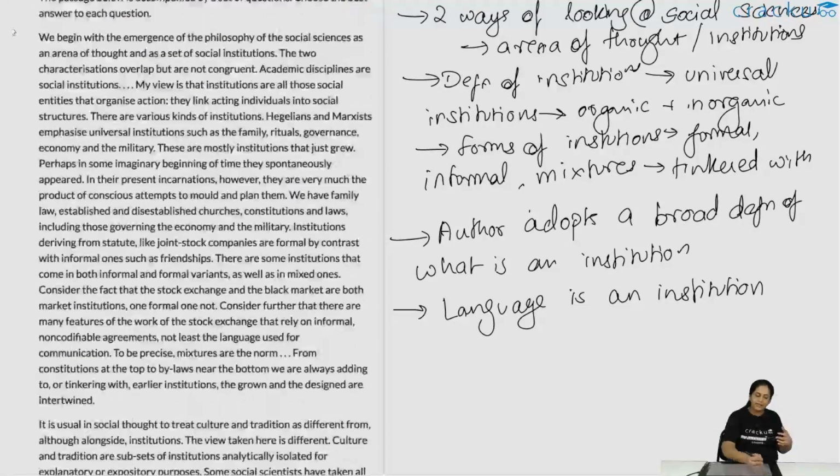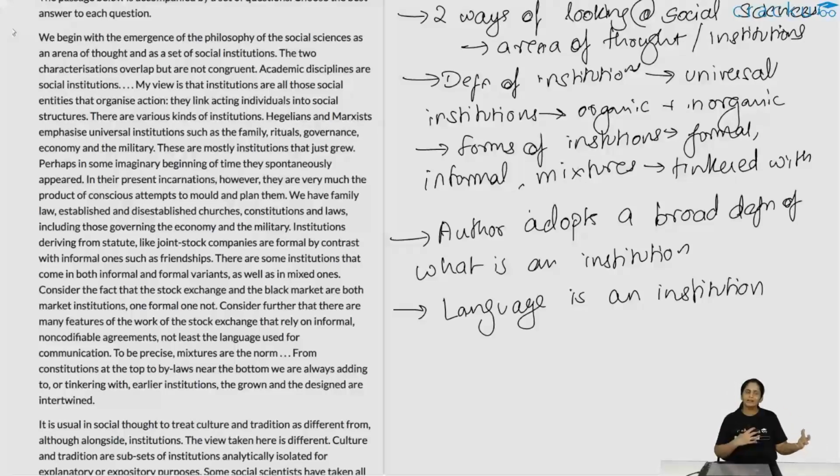So he begins by saying that in social sciences we try to separate out, okay, this is an institution, this is an arena of thought, but he believes that we should take a broader view. Any way in which people coordinate or are brought to act together are institutions. He explains the most universal institutions and how most institutions are also part codified, part formal, part informal, part organic, part inorganic.